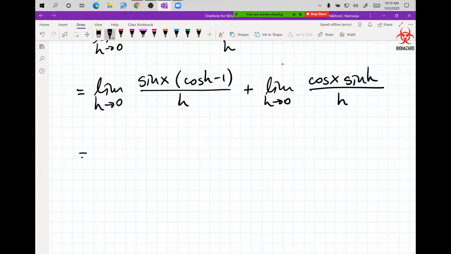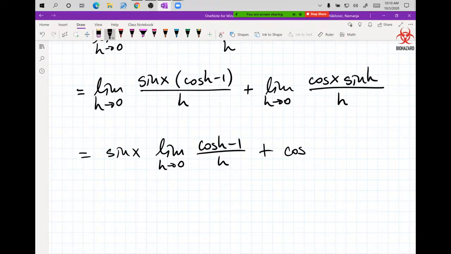So we can kick out sine x and just have the limit as h goes to 0 of cosine h minus 1 over h, plus kick cosine x out and have the limit as h goes to 0 of sine h over h. Perfect. Now, this limit here is 0, and this limit here is 1.